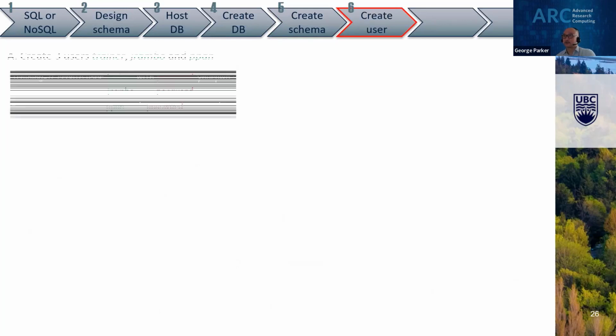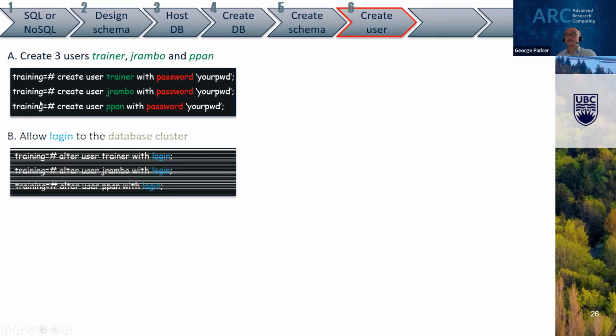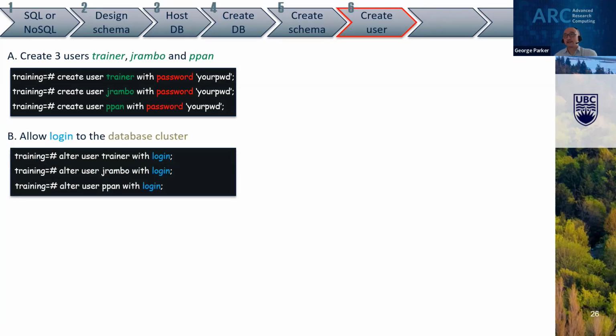Next step, create users. I have 3 users: Trainer, John Rambo, and Peter Pan. They want to have access to the data. So first of all, I create these users, and I must do that within the database and with a password for sure.